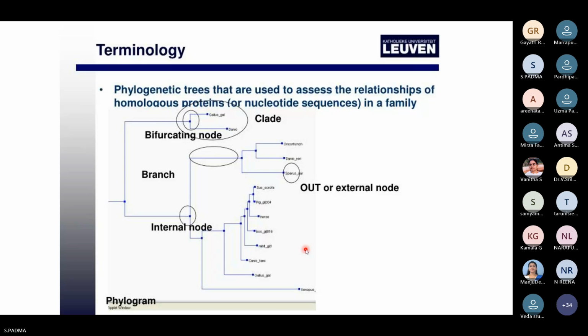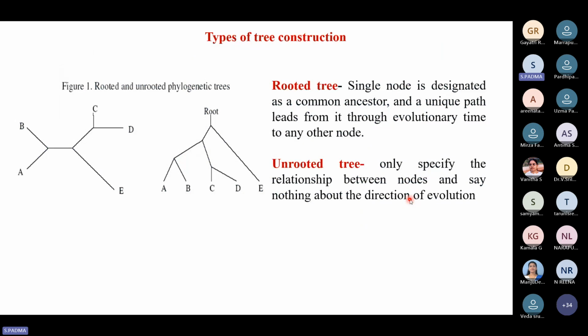So this section we call a phylogram. So how do we arrive at this particular image, or how do we come to this tree construction? Let us see what types of tree construction are possible. In what ways can the tree be constructed?